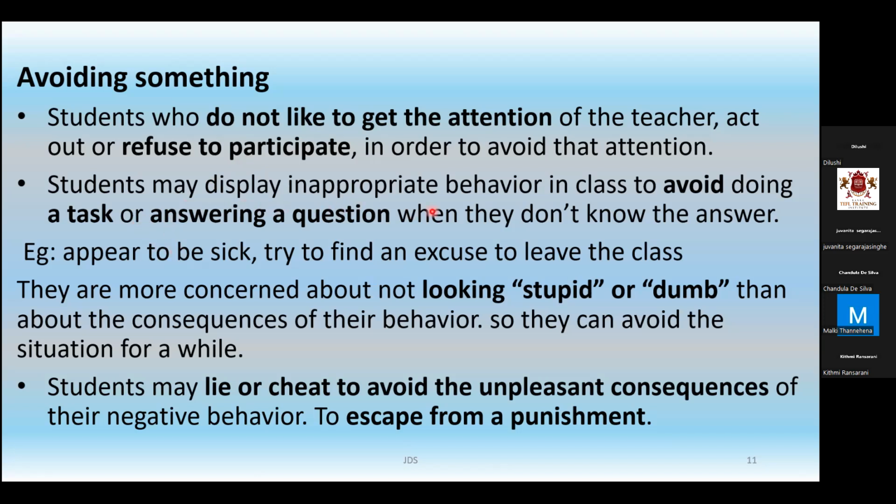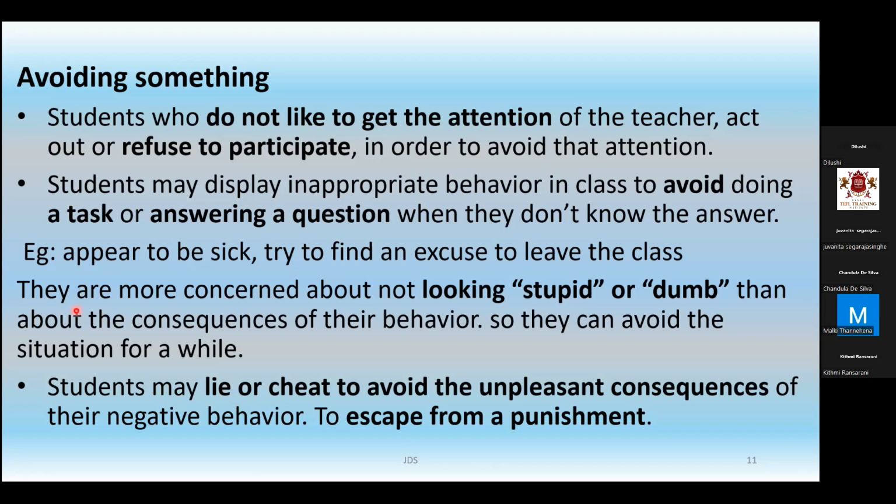Learners may display inappropriate behavior to avoid doing a task or answering a question, right? So when the child is avoiding the teacher or avoiding learning, that is a clear indication that he doesn't like or he is incompetent in learning that particular subject.